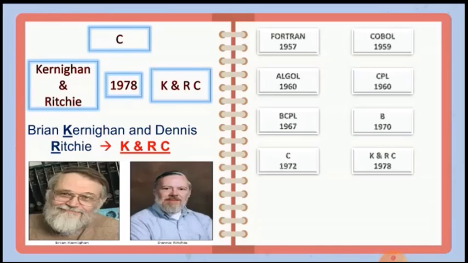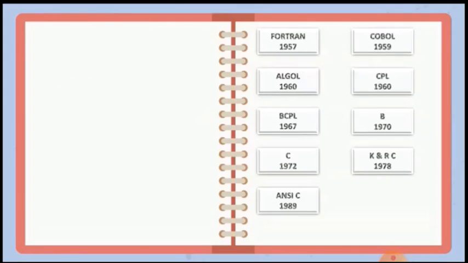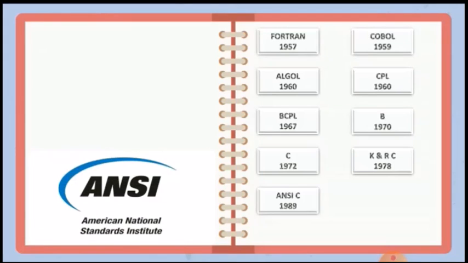After C language, multiple versions of C language were created, and most of the people were using the older version. So they wanted to standardize this version. In 1982, a committee was formed by ANSI, that is American National Standards Institute, to standardize the C language.